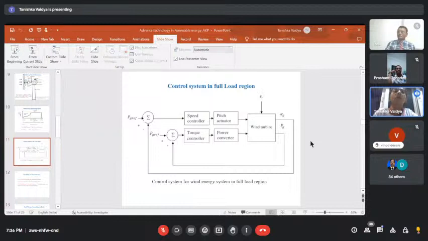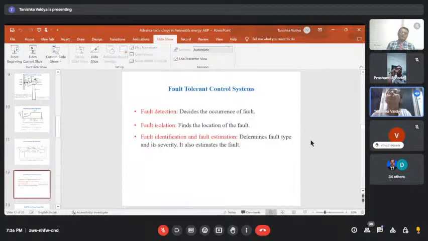So in a fault tolerant control system, basically if a fault occurs, suppose there are a tremendous amount of sensors which are used, and some sensor fails, or some part of the system fails, it will not fail abruptly, it will give some indication before failing.